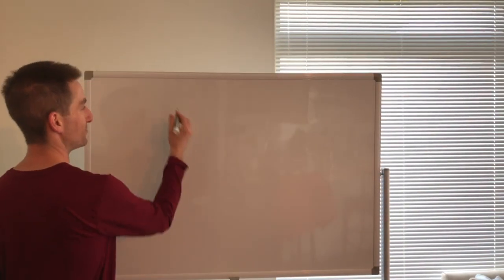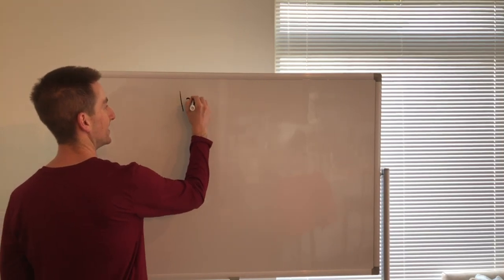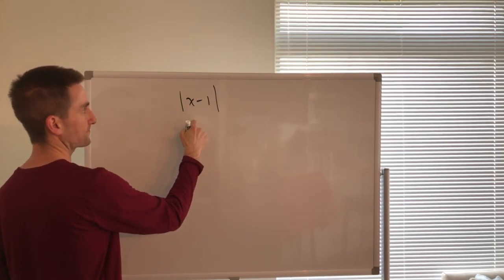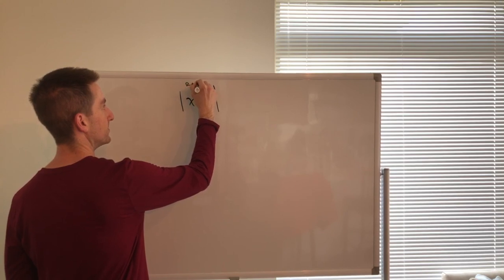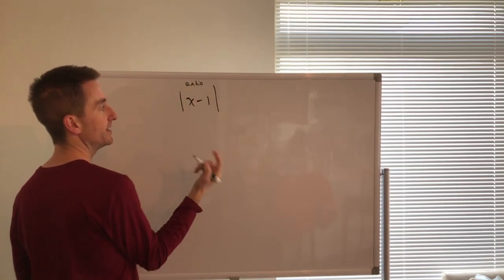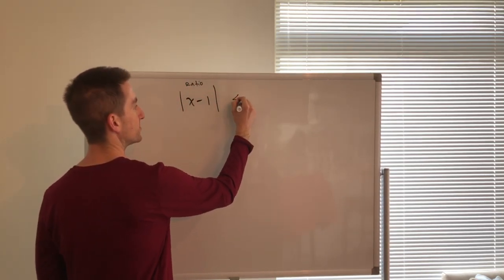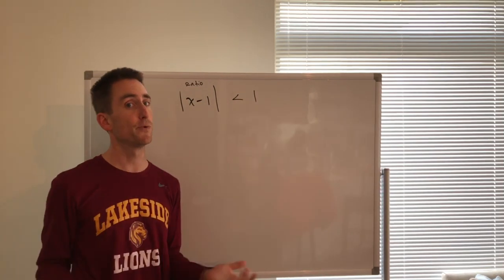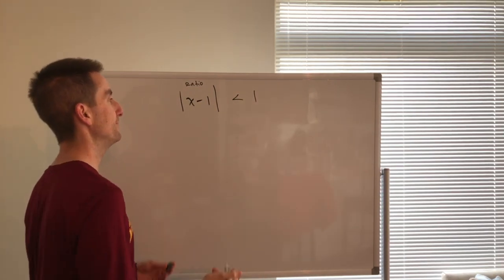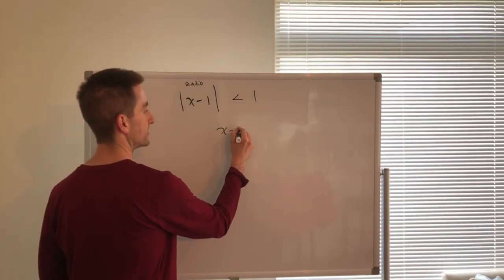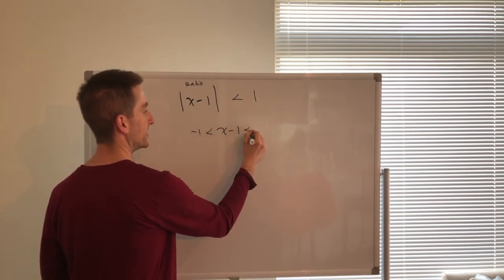And now we simply need to say, if this expression is our ratio of consecutive terms, in order for the series to converge, we need that ratio to be less than 1. And so all that means is that x minus 1 has to fall between -1 and 1.